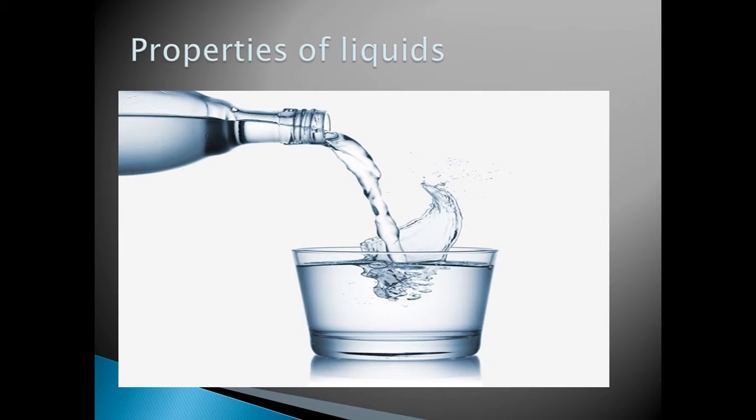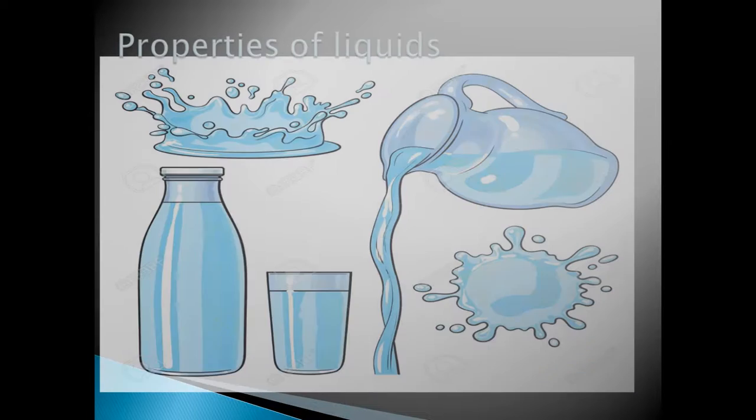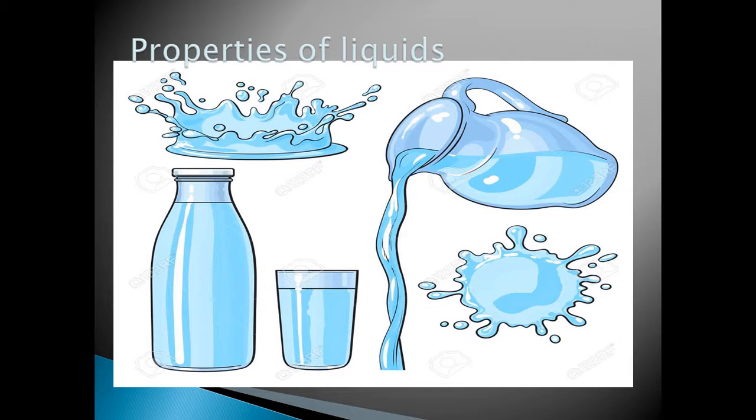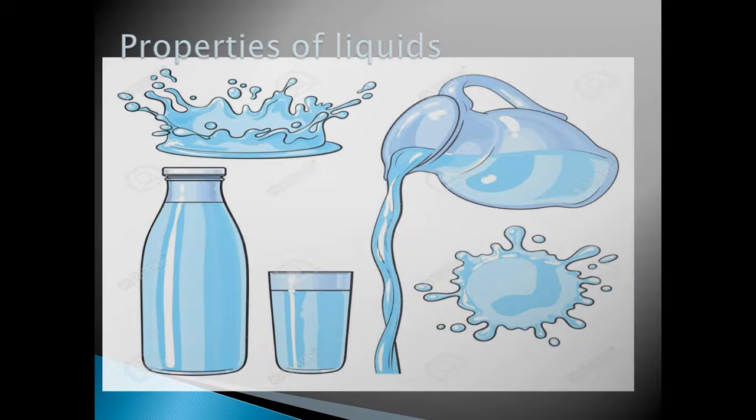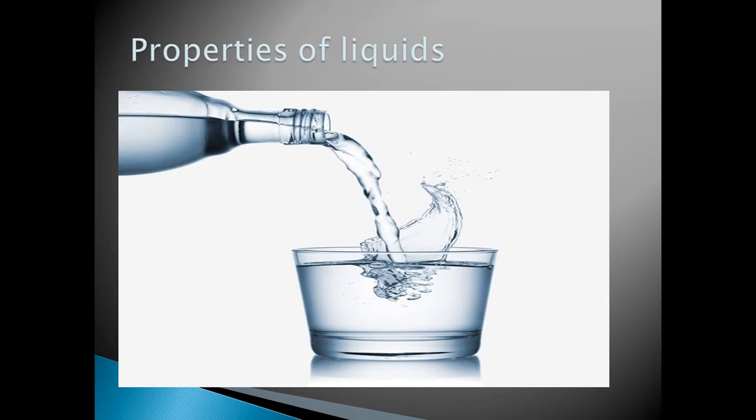So, if you look at the water in the bottle, it takes the shape of its container. Liquids don't have their own shape, so liquid takes the shape of its container. If you pour liquid from a bottle to a cup, does its shape change or not?